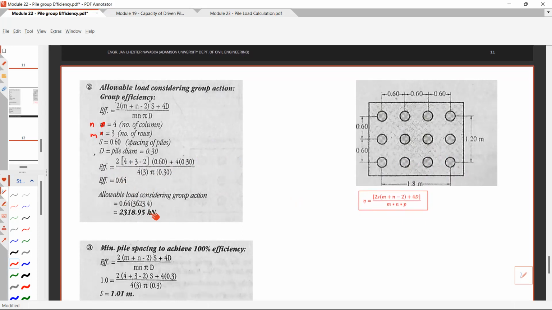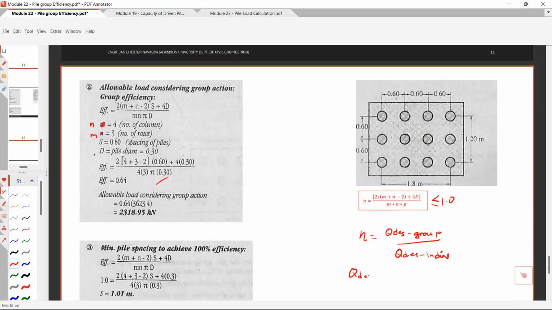And if you check our formula, this should always be not greater than 1.0. So therefore, that is okay. And also our mu is equal to Q des in group over Q des acting individually.